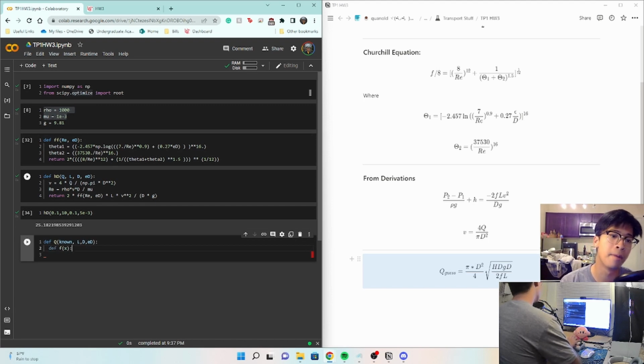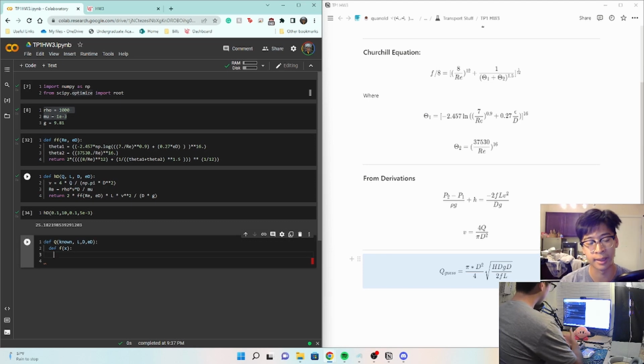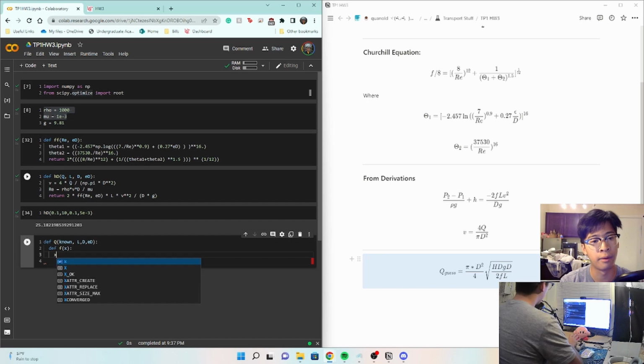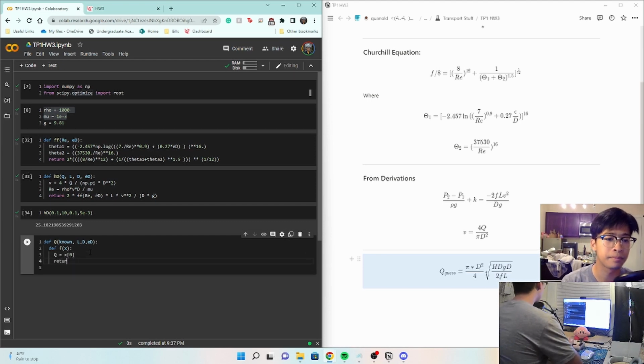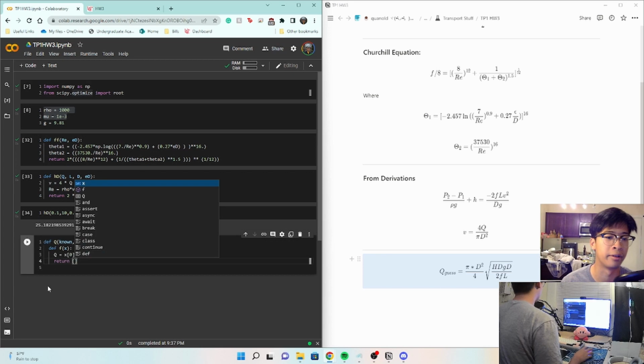And as a reminder, a root solver is something that will try to adjust an independent variable or set of independent variables so that the solution reaches 0. Okay, so our vector will be one-dimensional, and the parameter it's going to be adjusting is flow rate, Q. Okay, and we want to return a vector as well.